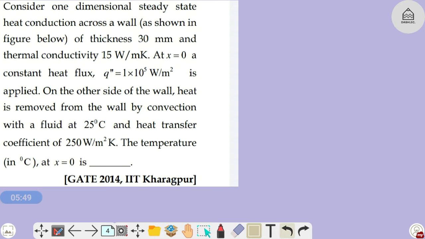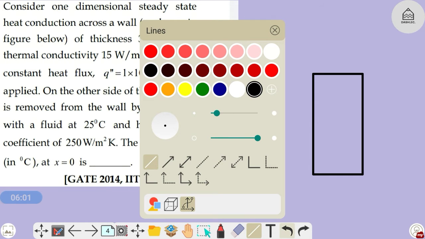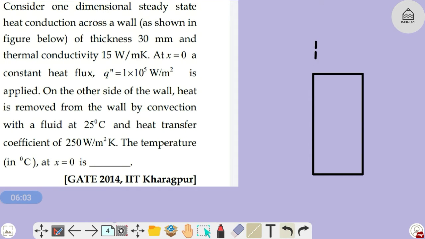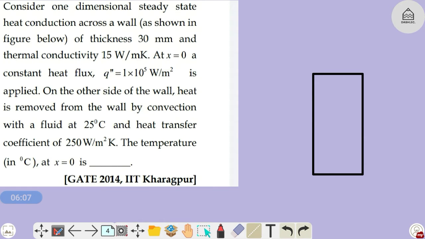Okay, we have a wall like this. Let's suppose this is our wall, and I'm not changing the color.